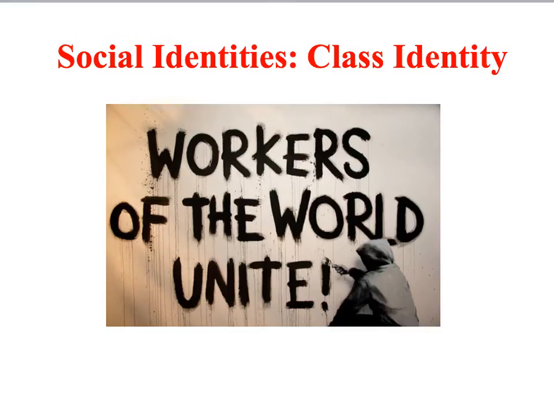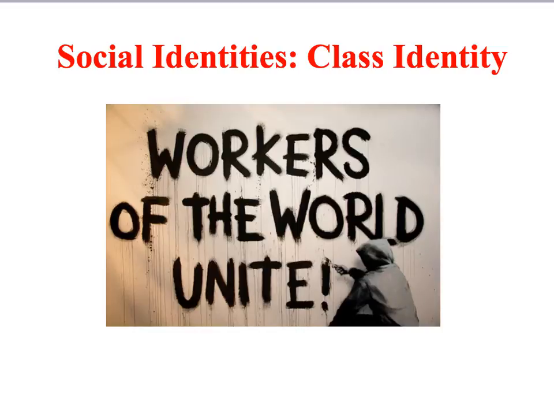Another really important aspect of our social identity studied by sociologists is social class. Social class can be narrowly defined as a group of people who share the same economic status within society, a group of people who share roughly the same standard of living. However, many sociologists would argue that we shouldn't simply see social class as a matter of economic status, the job that we do, our income and our wealth.